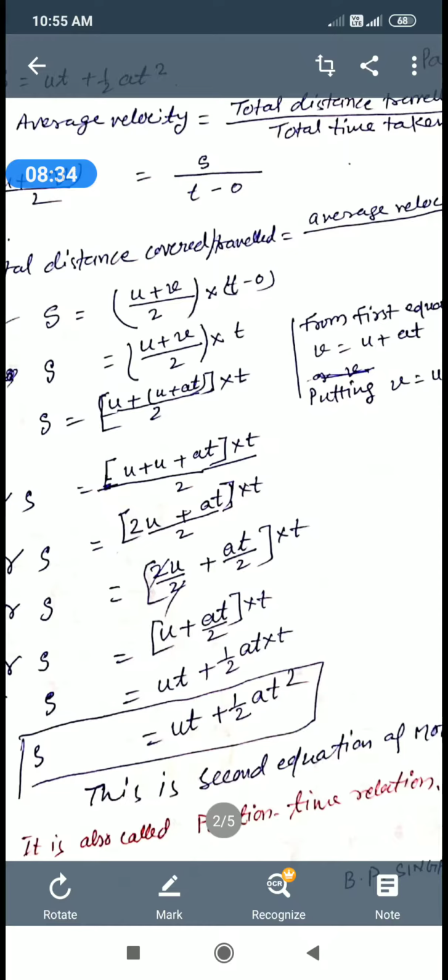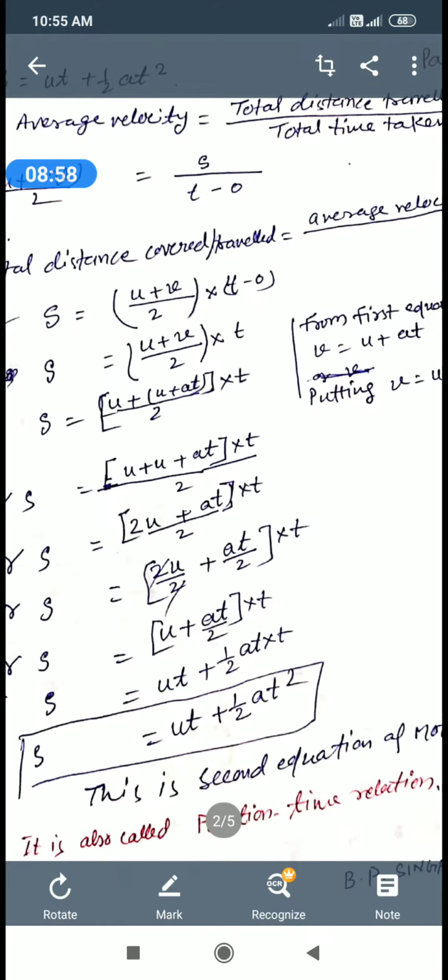Now putting the value of t, I replace small t by (v minus u) by a. We find (v plus u) and (v minus u) divided by 2 into a.